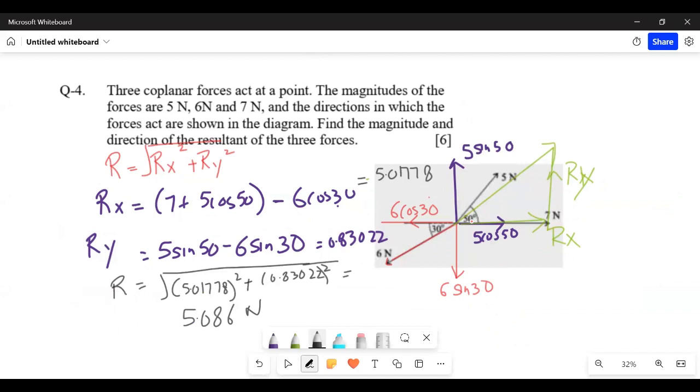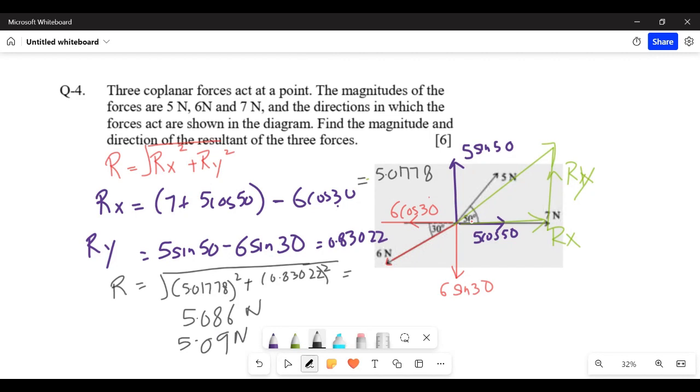Square root of 5.01778 square plus 0.83022 square. 5.08599. So yes, when you round it off, you get 5.086. Or 5.09 in 3 significant figures.